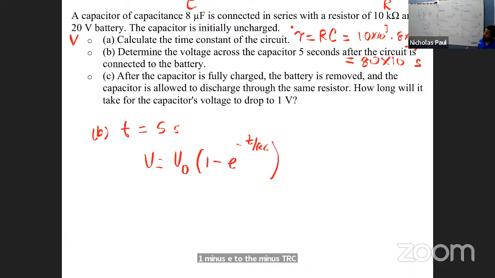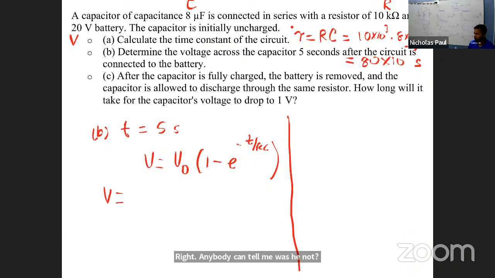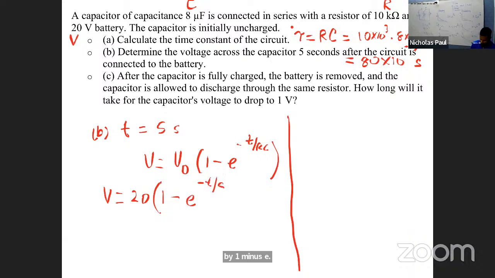What's the SI unit for time again? Second. Right. Anybody can tell me what's V naught? What is the maximum possible voltage? 20, right? The voltage of the whole circuit. So 20 by 1 minus e to the minus t, and we worked out RC already.